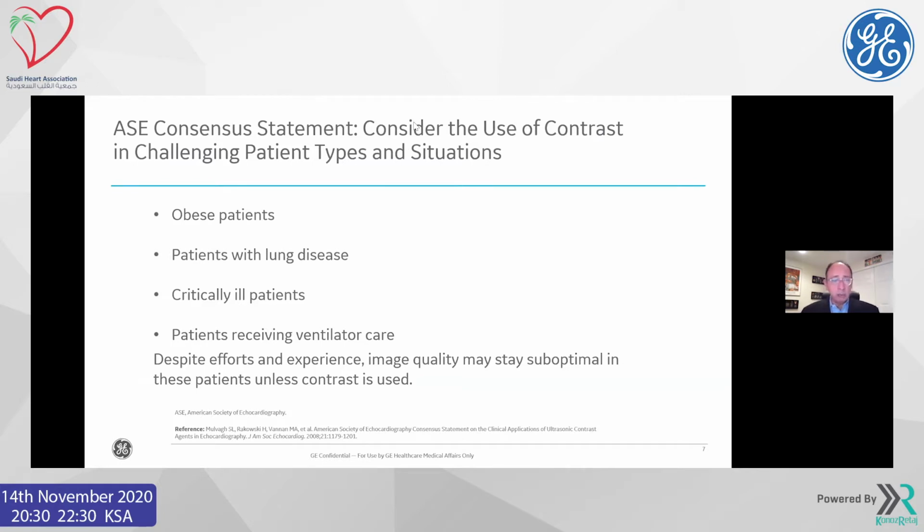So all these patients will need some sort of contrast agent to optimize their images. Whether it's obese patients, patients that are on chemo also occasionally need some agents.